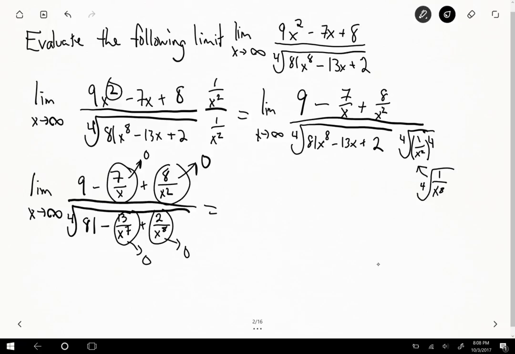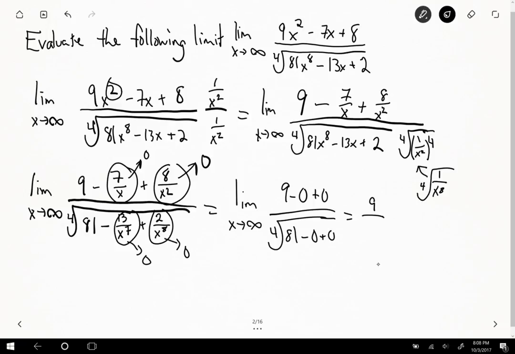So what we're left with is the limit as x approaches infinity of 9 minus 0 plus 0 over the 4th root of 81 minus 0 plus 0. So this is equal to 9 divided by the 4th root of 81.